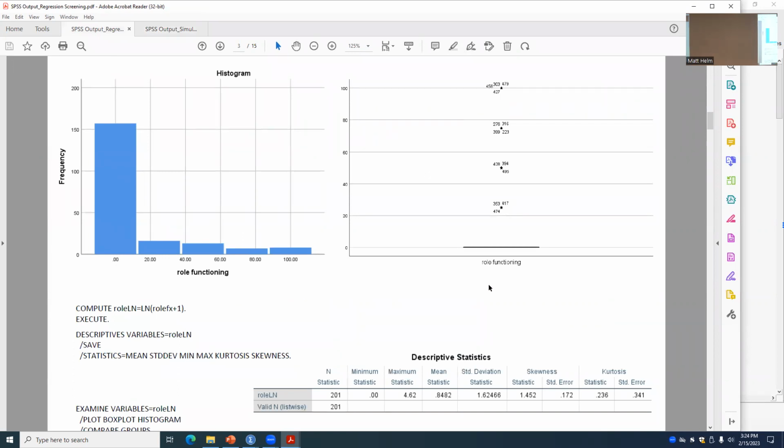Abby, what did taking the natural log of my row functioning do in terms of skew and kurtosis? It made them more reasonable, right? I've still got a skew of 1.6. That's not perfect, but it's better than over 2. Kurtosis went from 4 to 0.24.